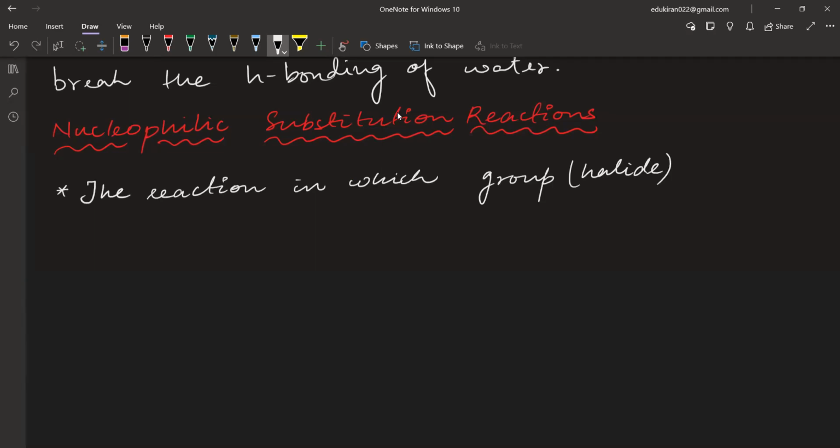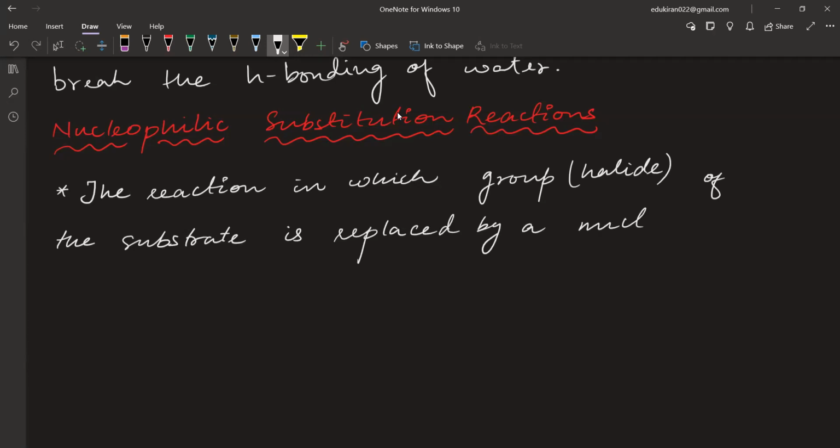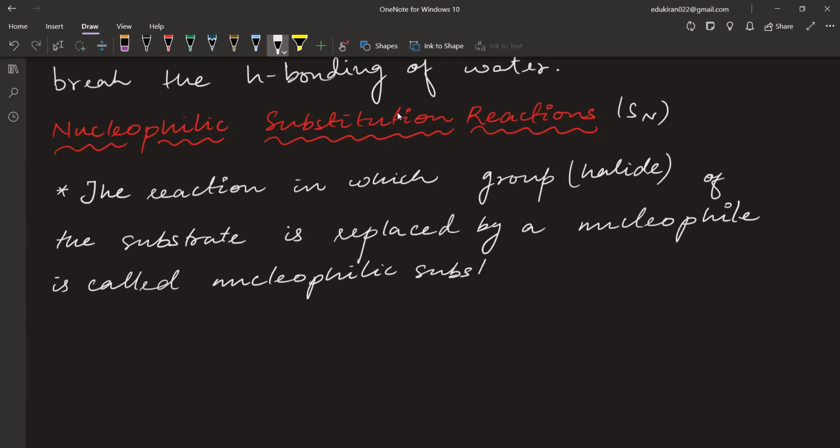A reaction in which a group of the substrate, that is the reactant, is replaced by a nucleophile is called a nucleophilic substitution reaction. They are written in shorthand as SN. So it's called nucleophilic substitution.